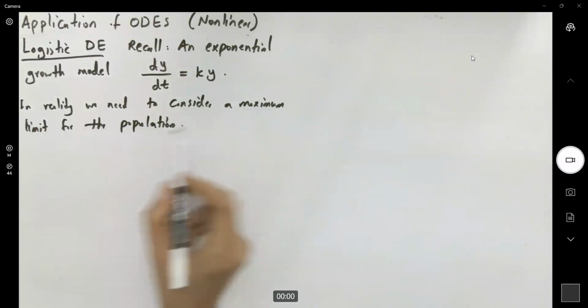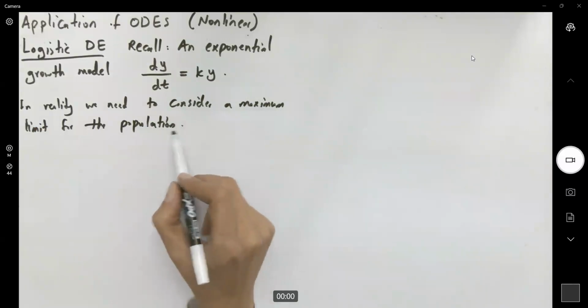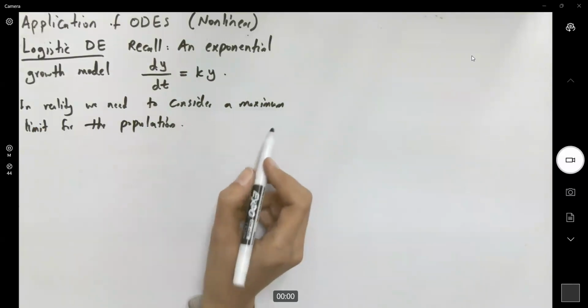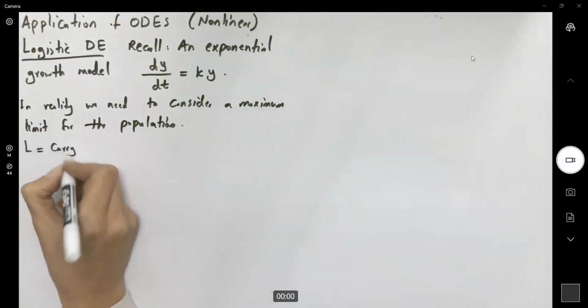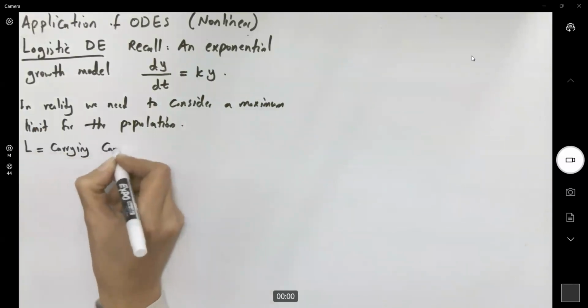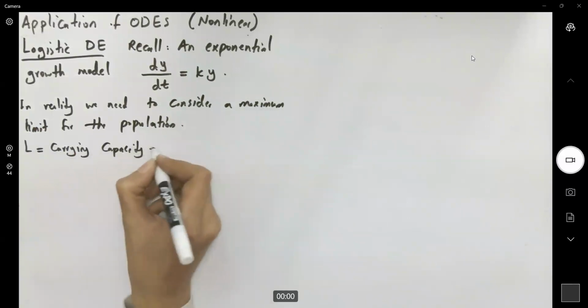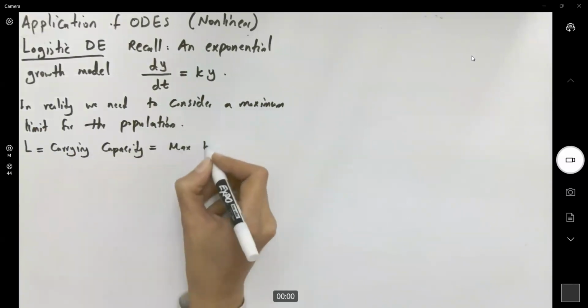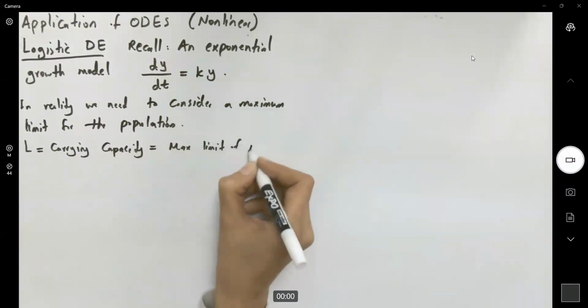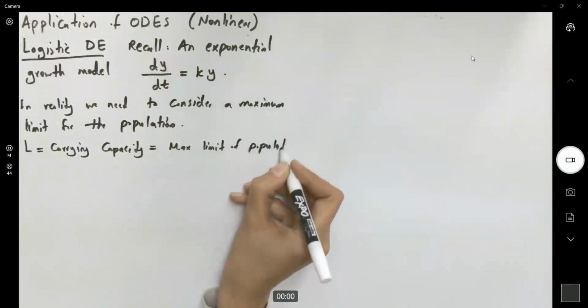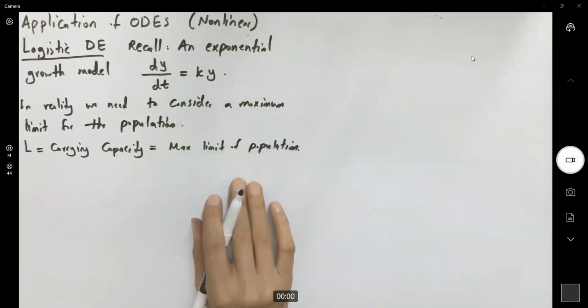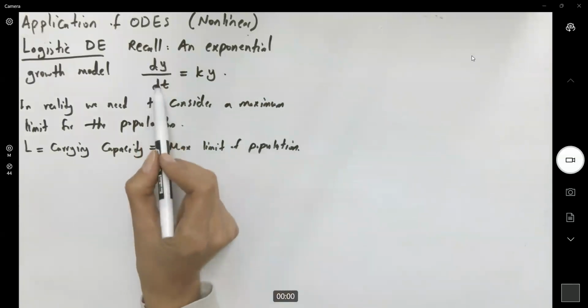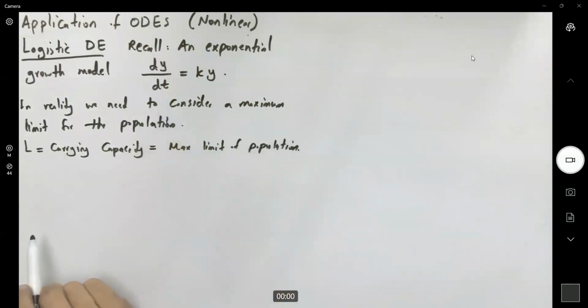This limit for the maximum of population is called the carrying capacity. So L, or carrying capacity, is equal to the maximum limit of the population. So now that we know this fact, how do we formulate the rate of change of population with respect to time?